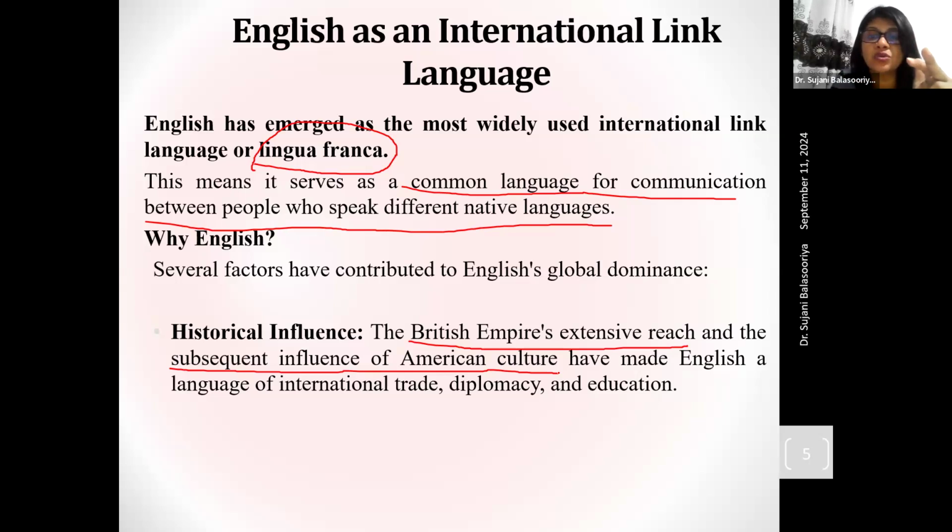Still these two. Why is that? Because of this historical influence. Other than the British Empire's influence in spreading English throughout so many countries, this is the other one, the influence of American culture. Okay, it also has made English a language of international trade, diplomacy.